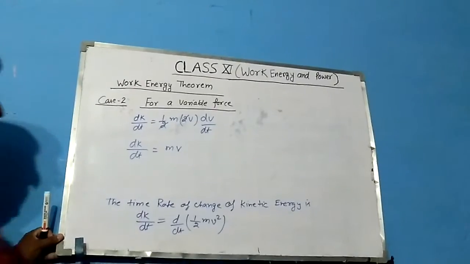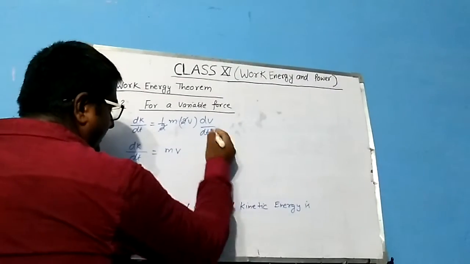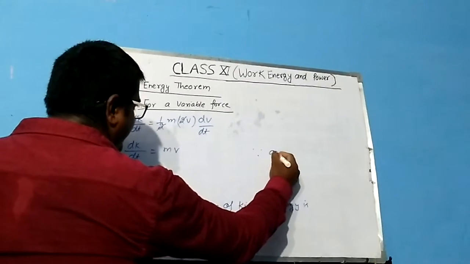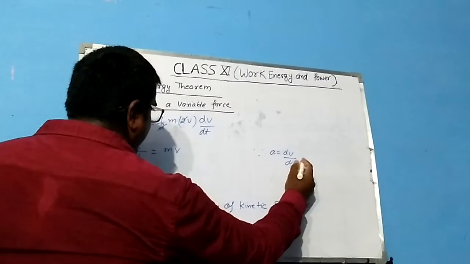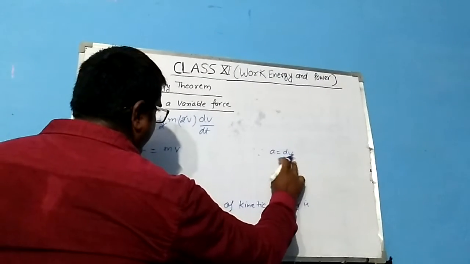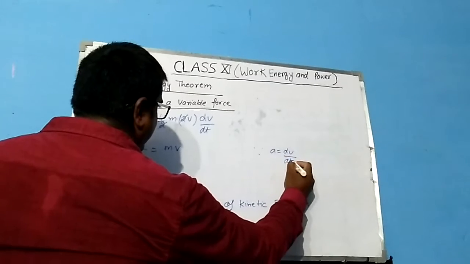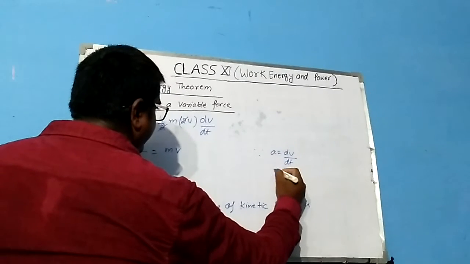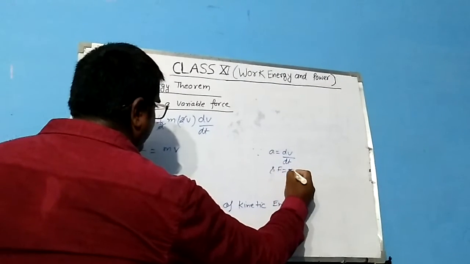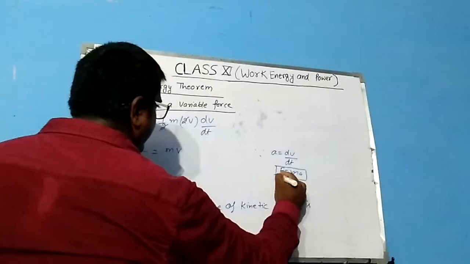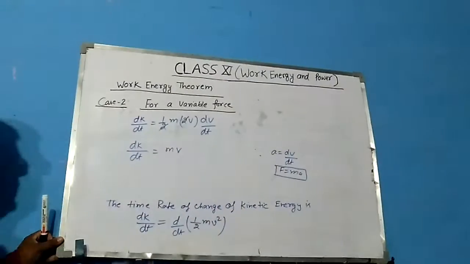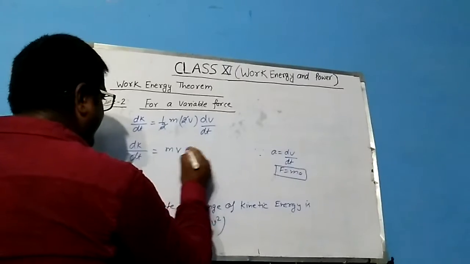Now dv by dt is the acceleration, and F equal to ma by Newton's second law. So m v dv by dt, putting a, dK by dt equal to m a v, and we also put v equal to ds by dt.